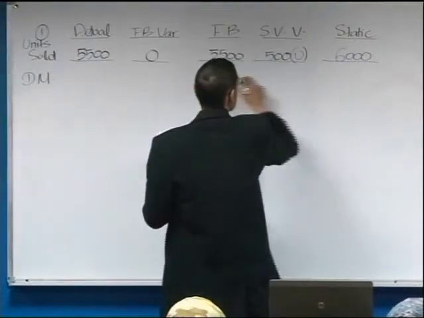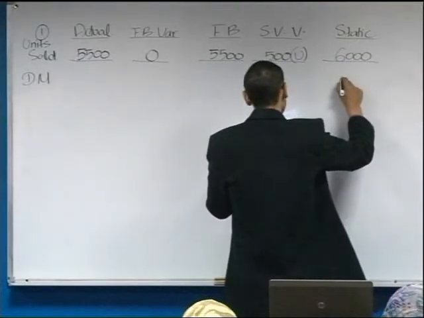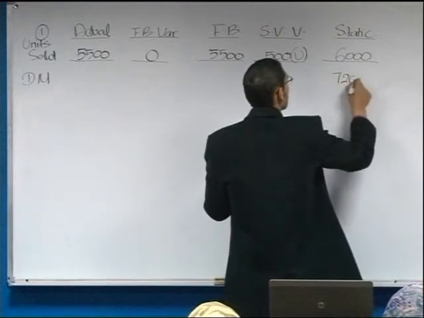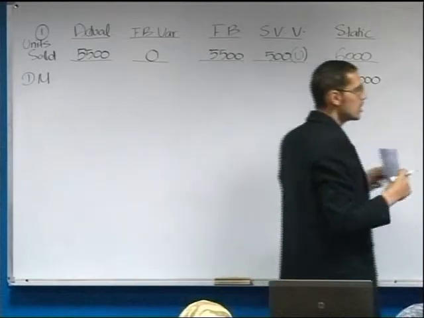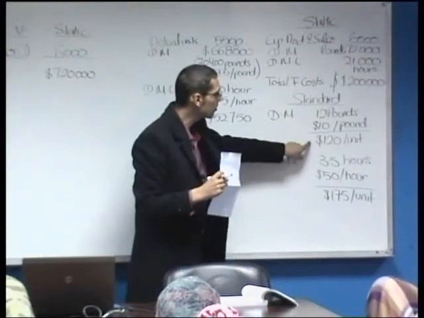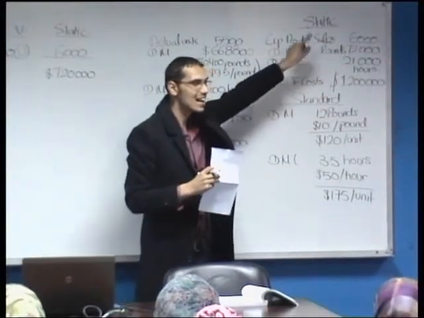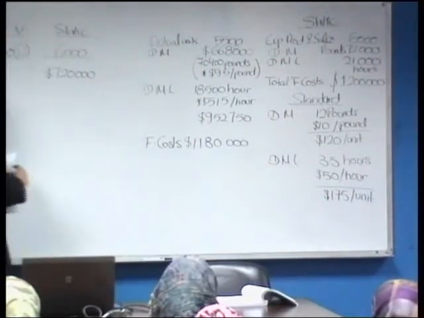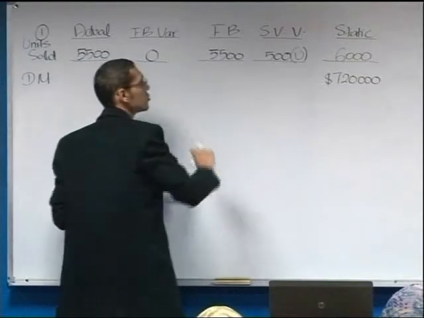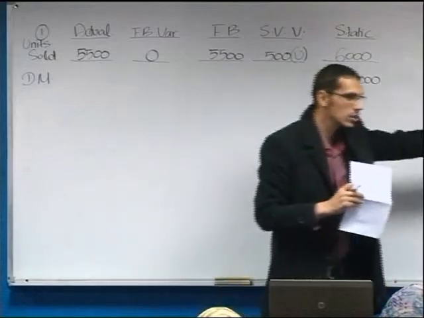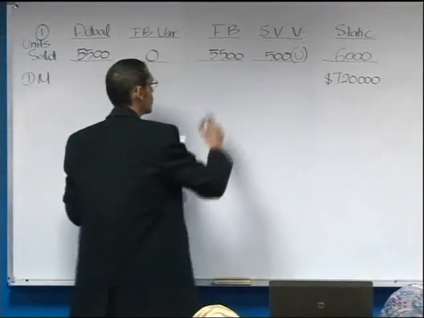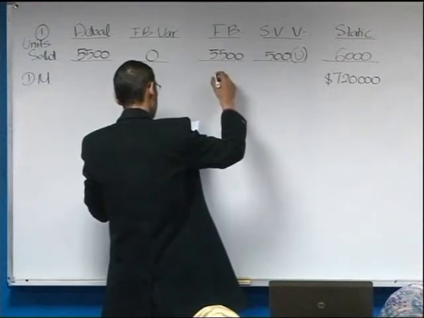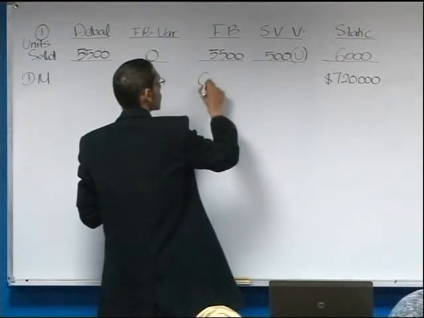Therefore, the direct materials would be, according to our static budget, $720,000, which is the $120 multiplied by 6,000 units. According to our flexible budget, it would be the same $120, but multiplied by 5,500 units, which would equal $660,000.